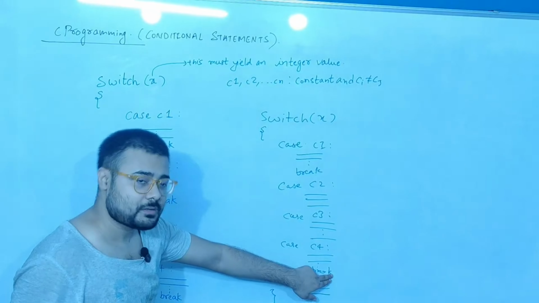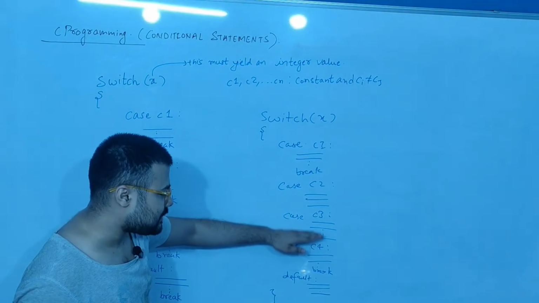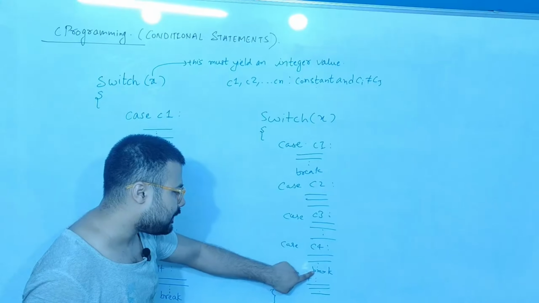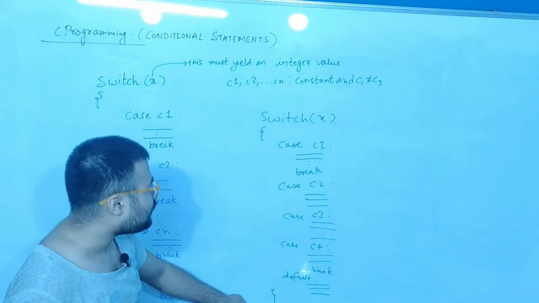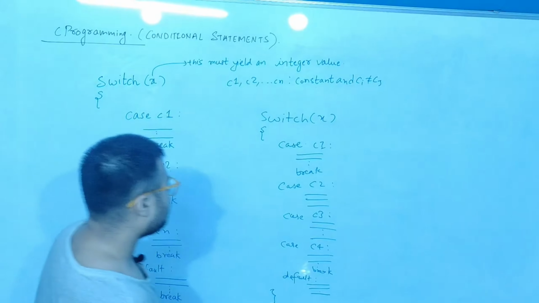As you can see, C4 has a break. So the statements under C3 will be executed, then those for C4 will be executed, but then it encounters a break, so it will come out of your switch statement, and the default statements will not be executed.